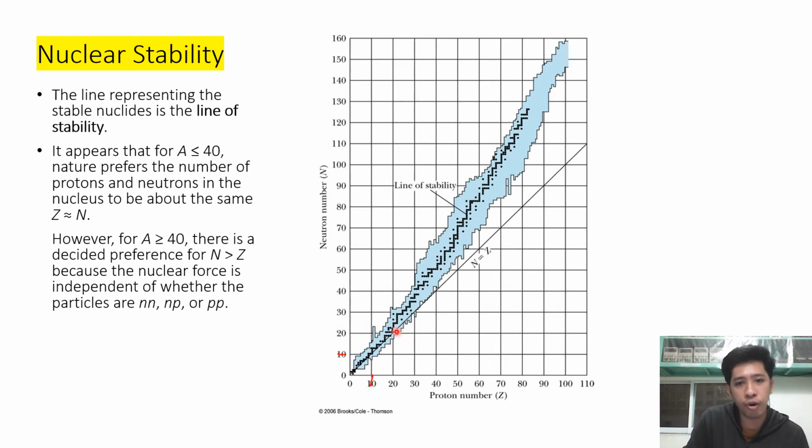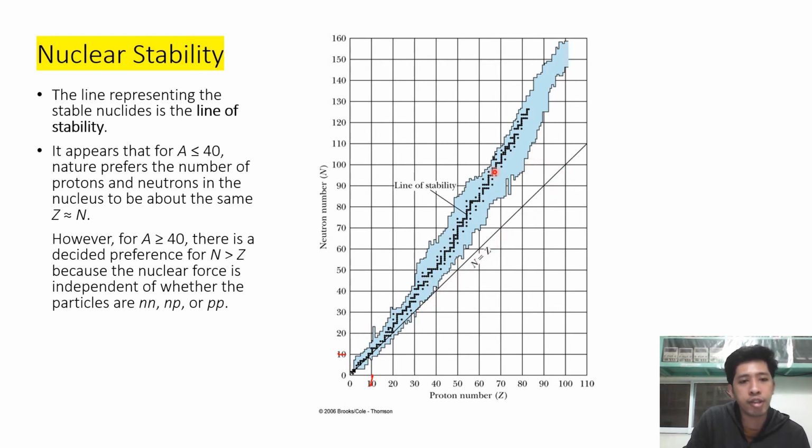However, if you go higher, let's say 30 neutrons and 30 protons, you can no longer observe these stable nuclides. They lie somewhere upward from this N equals Z line.